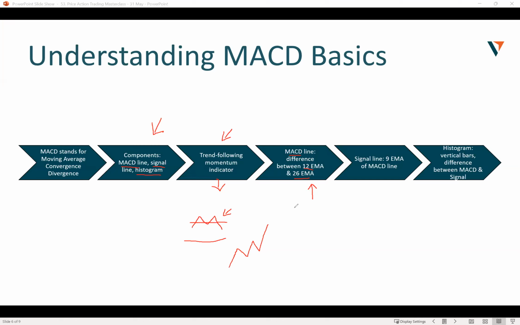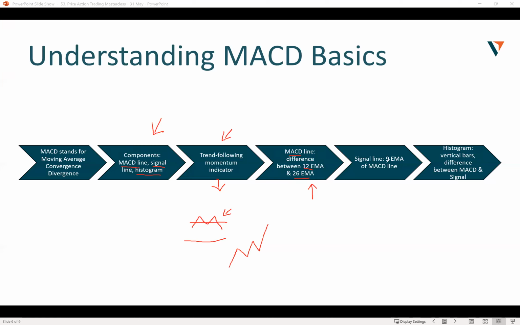It's pretty similar to a simple moving average, but the main difference is that EMA gives weight to more recent prices. If we take a 20 simple moving average, it just takes the past 20 periods and averages out the past 20 data. Whereas for EMA, more weight will be given to more recent prices. So the MACD is basically the difference between the 12 and 26-day EMA.